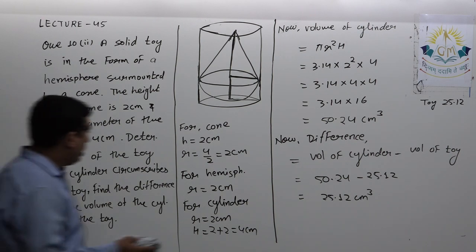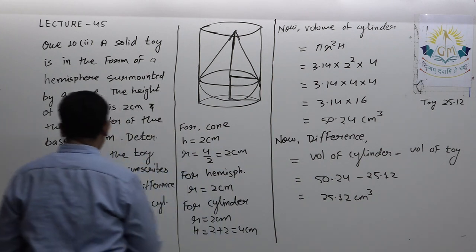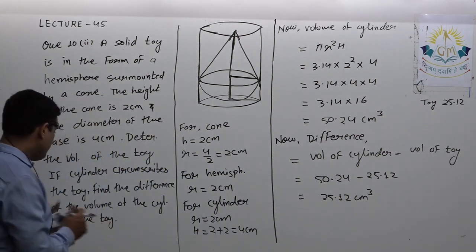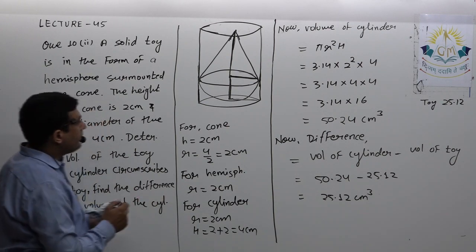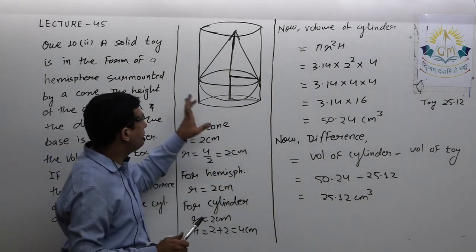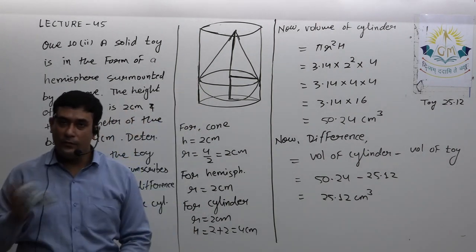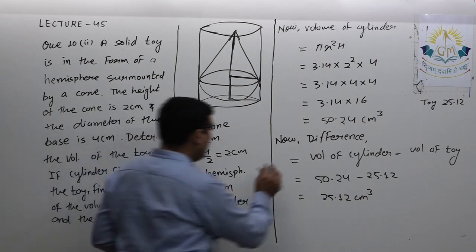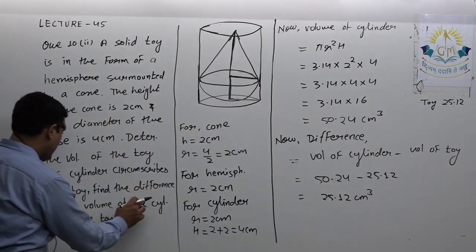Now suppose in the same question, I ask you to also find the difference between the total surface area of the toy and the total surface area of the cylinder. Here we found the difference of the volume of the cylinder and the toy.